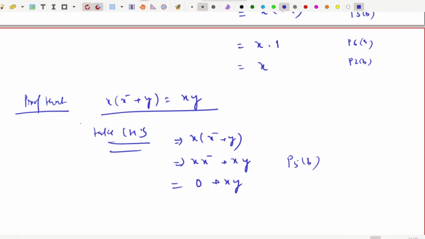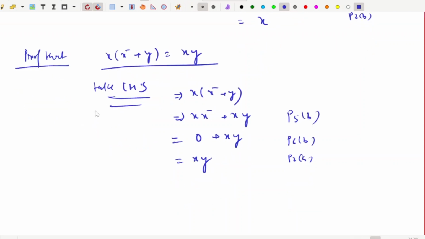This is postulate 6b. Then when 0 is added to any element, this is postulate 2a, this is equal to xy. When we add 0 with any Boolean variable, the result is the same variable. This is equal to xy, which proves the right hand side.